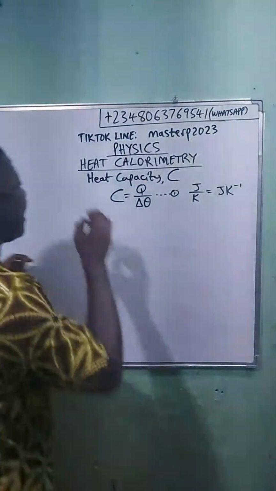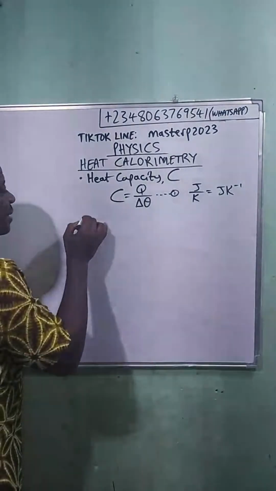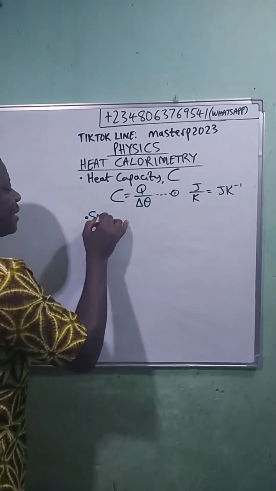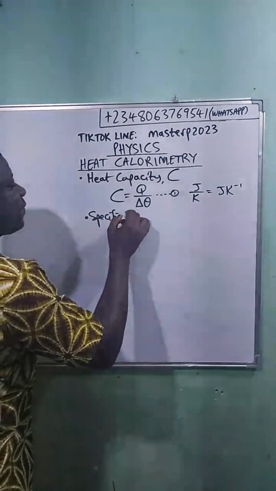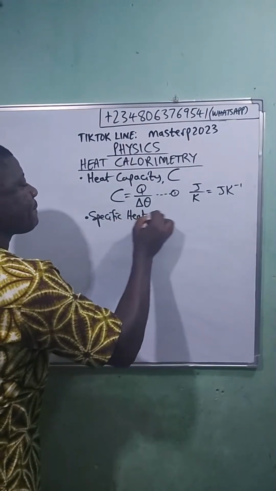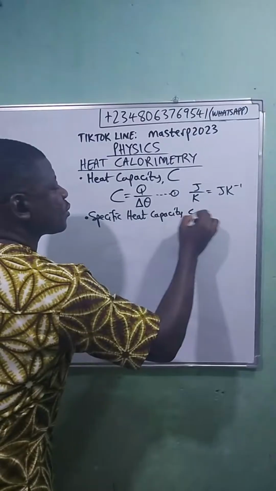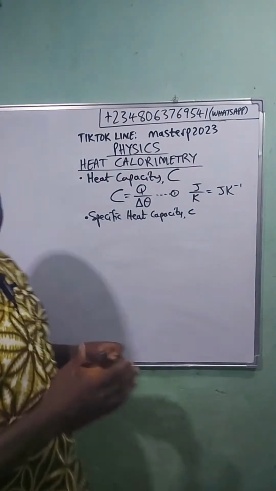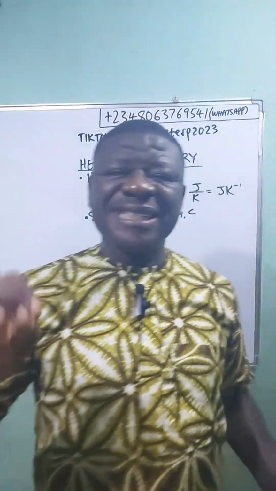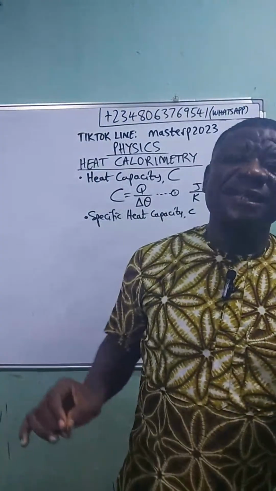Then the next one we have is specific heat capacity, which is small c. The word specific is used because it deals with a unit mass, a mass of 1 kilogram.